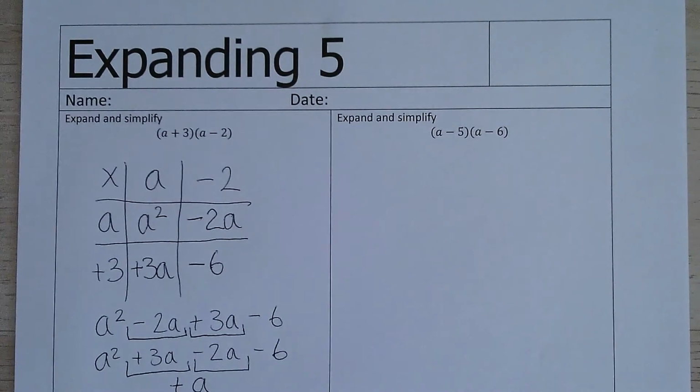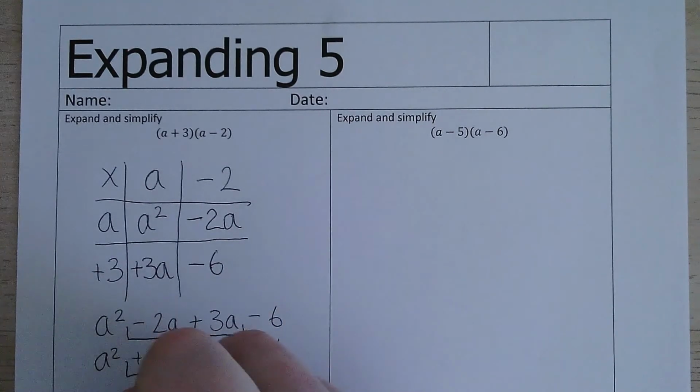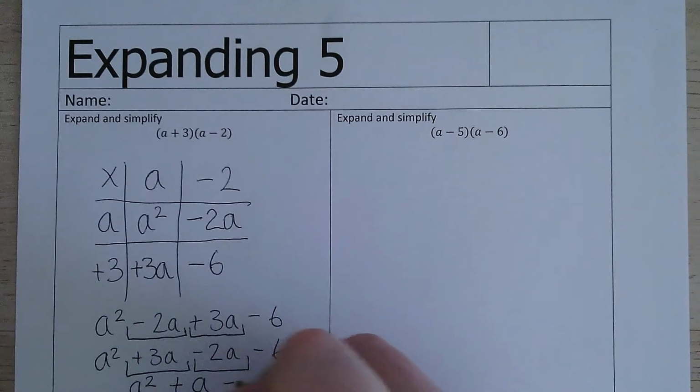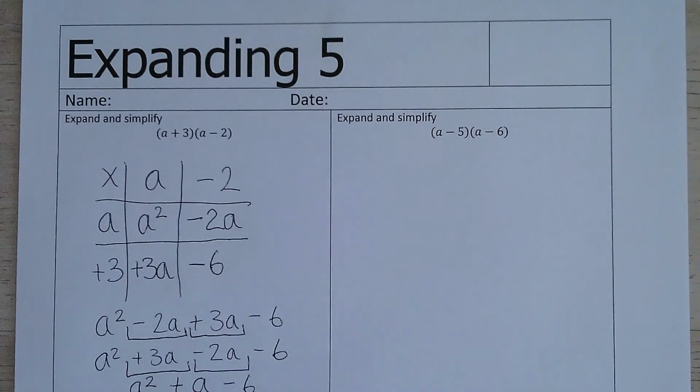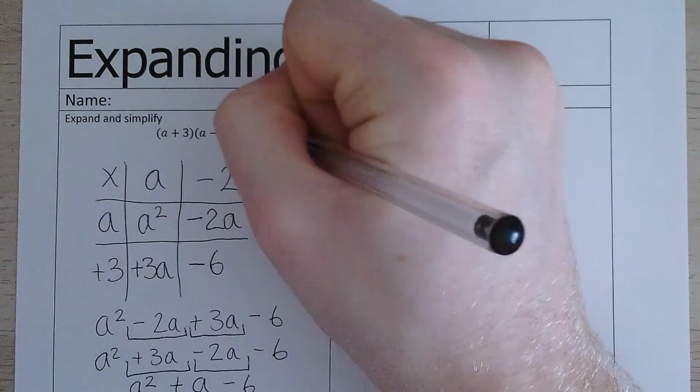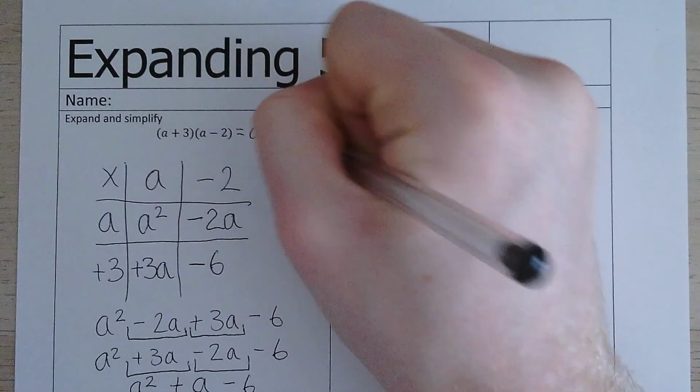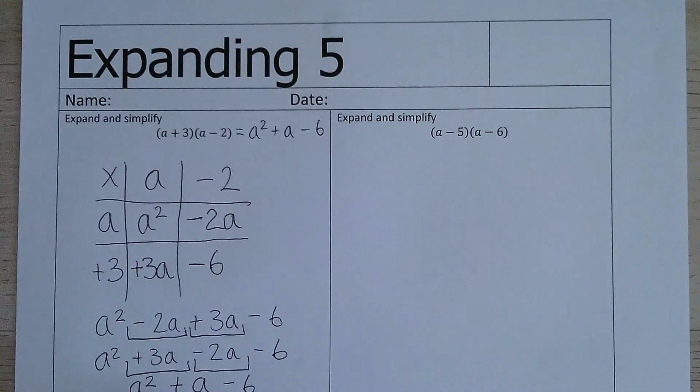We don't write the 1, so we have just positive A. The other two terms drop down, so we get A squared plus A minus 6, and that is the overall final answer to the question, because none of the remaining terms are like terms, so they will not simplify any further.